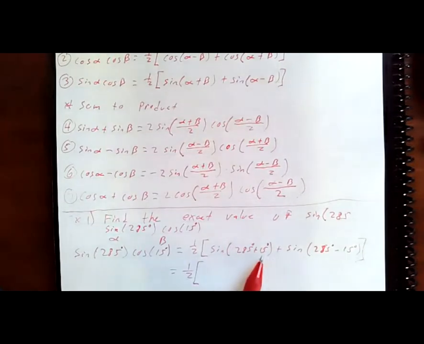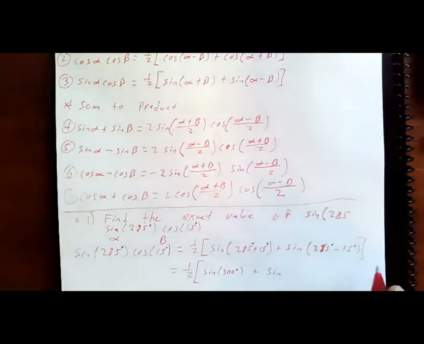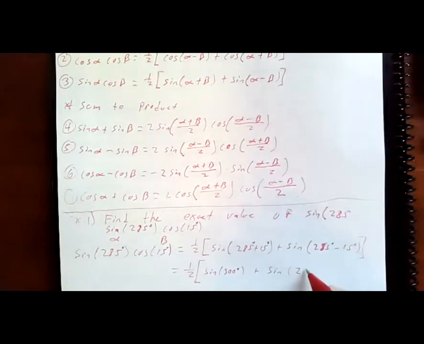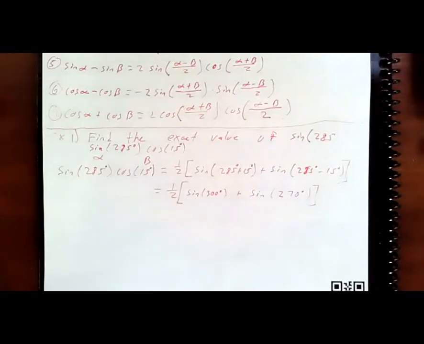So 285 plus 15, that's 300, right? Plus sine of 285 minus 15, that will be what? 270, is that right? So hopefully these are on our circle. You can go ahead and open the circle up. Yeah, they're both there.